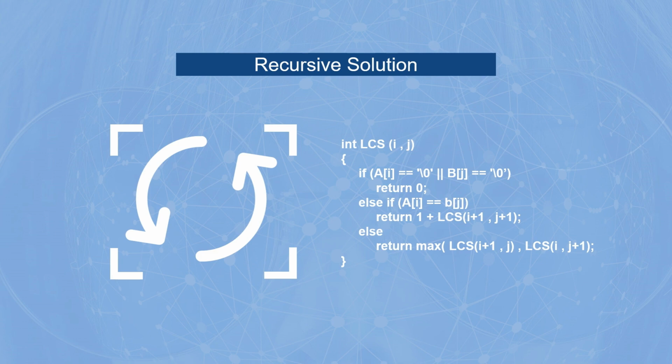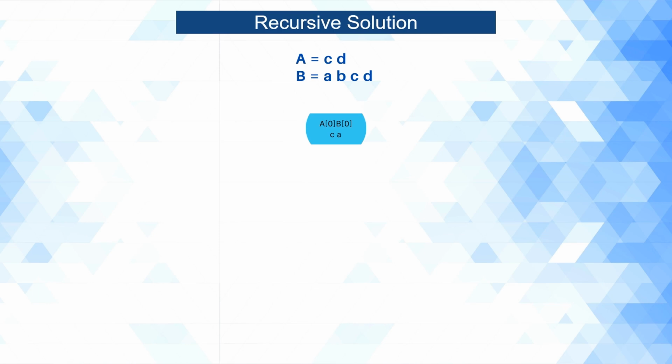So let's see a simulation to understand it better. Here we are building the recursion tree as we go. We are comparing A0 and B0 index and found out that they are not equal.